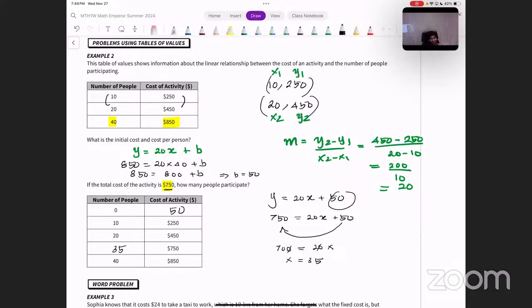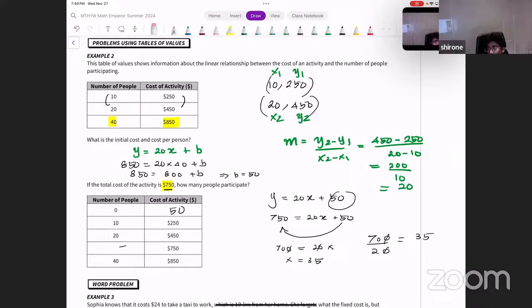For 20 people, 20 times 20 is 400 plus 50. And $700 divided by 20 is 70 divided by 2, 35. Are you following that? Yes?